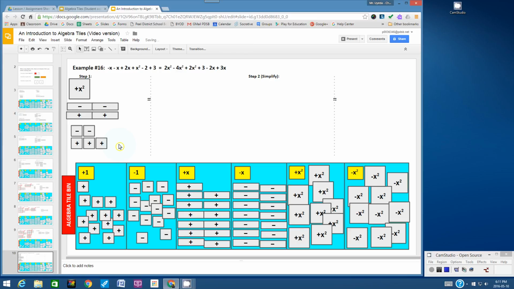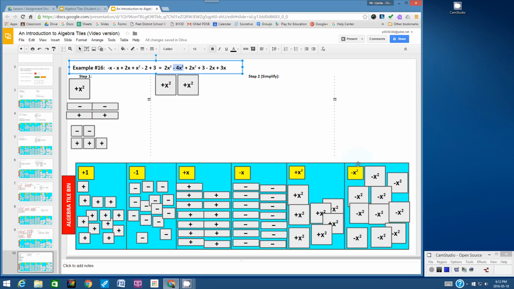Okay, so now let's go to the right-hand side. Remember, we always look for x squareds first. So it looks like the first term is 2x squared, so start there. Then the next term is negative 4x squared.